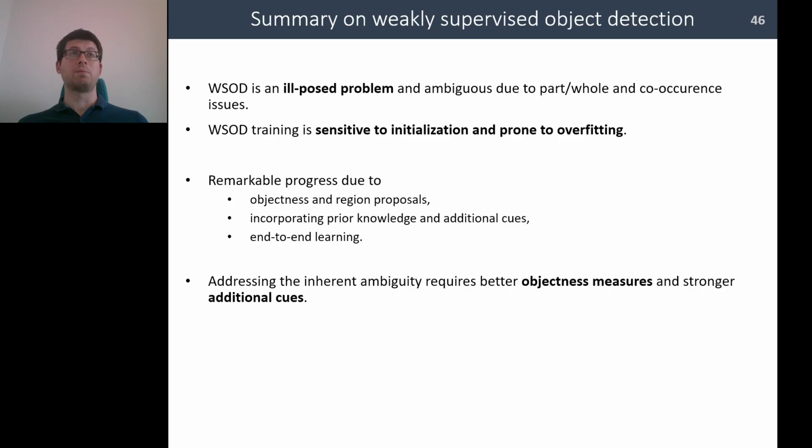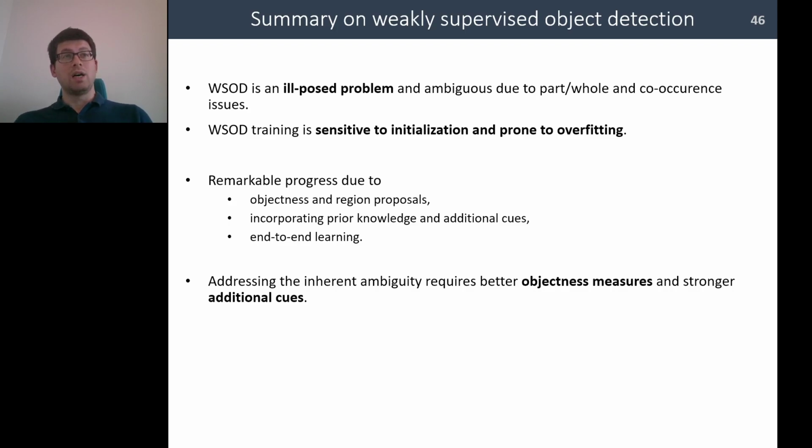These are the common limitations, and I think we have been quite successful as a community in partially addressing them. The most important components or ideas have been objectness and using region proposals, and also using prior knowledge and additional cues such as size, equivariance, objectness again, and also following the common trend in deep learning: end-to-end learning gave us better representations customized for the task.